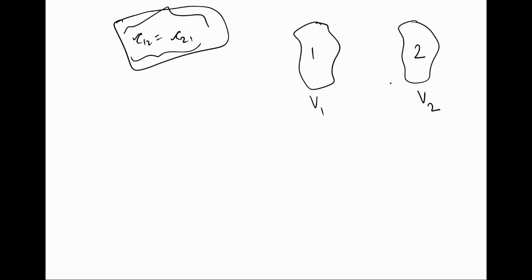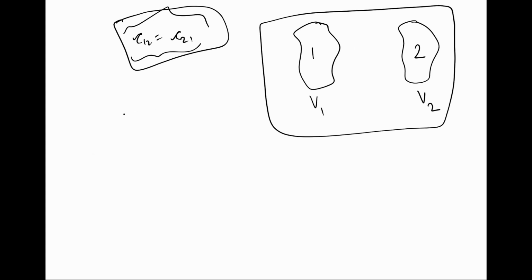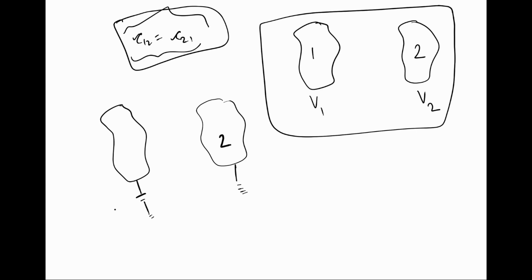Now what we can do, we can achieve this situation in a way. First, I will ground this conductor 2 and I will raise this potential to V1. So you might already remember that the energy which will be stored or consumed in raising this conductor to potential V1 is given as half C11 V1 square, and since the other is already at potential 0, there is no energy or work done to do that.